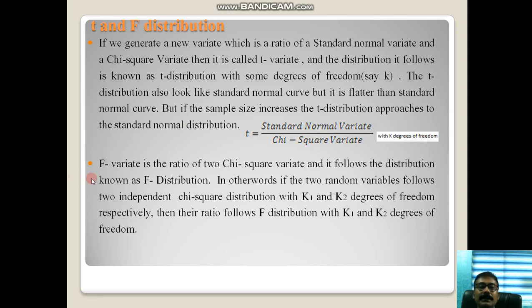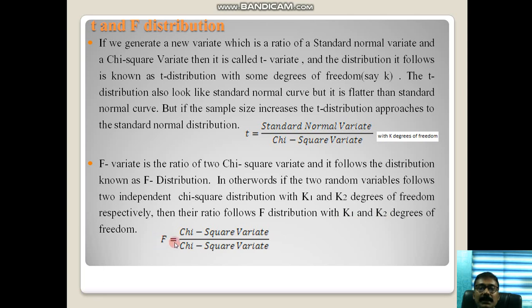Similarly, F variate is the ratio of two chi-square variates, and it follows the distribution known as F distribution. In other words, if two random variables follow two independent chi-square distributions with k1 and k2 degrees of freedom respectively, then their ratio follows F distribution with k1 and k2 degrees of freedom.